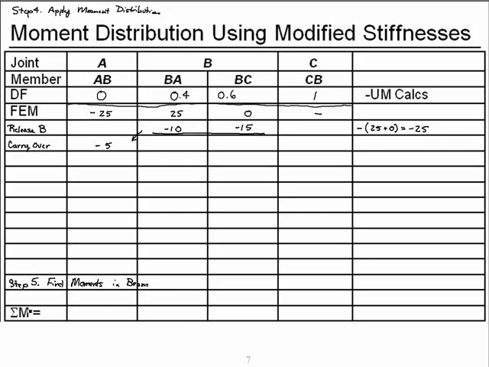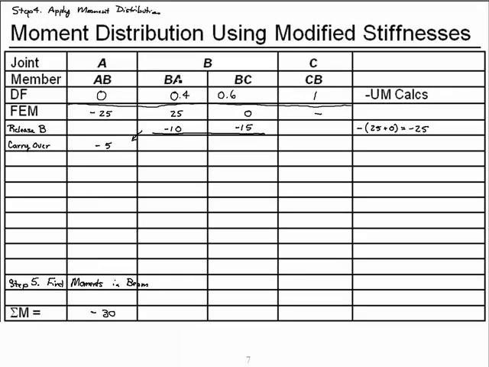And to do that, we'll sum up the moment in individual columns. So, at node A in member AB, we have a negative 25 minus 5. We get a negative 30 kilonewton meters.